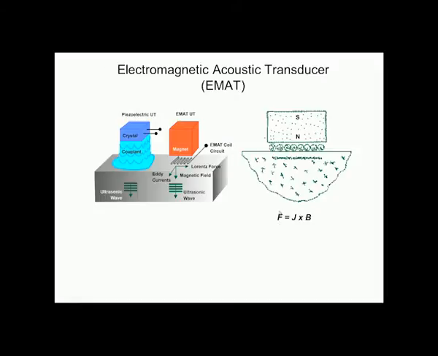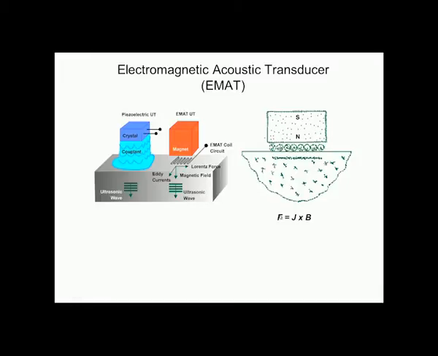That Lorentz force is given by this particular equation, wherein F is the force, B is the magnetic flux provided by this magnet, and J is the induced current density. So, due to this induced current and the presence of an external magnetic field, this force will be generated.